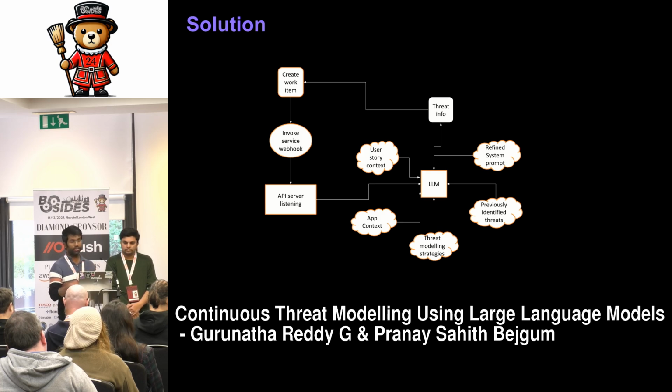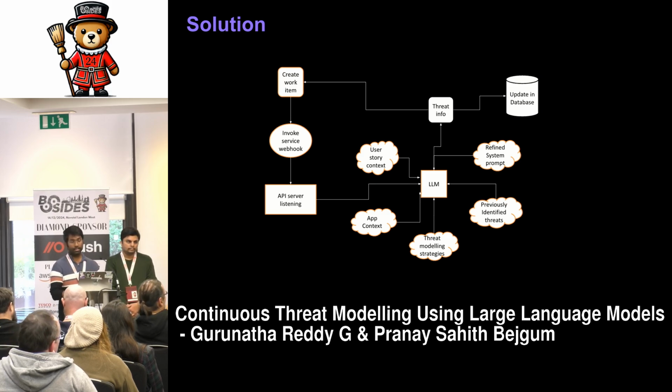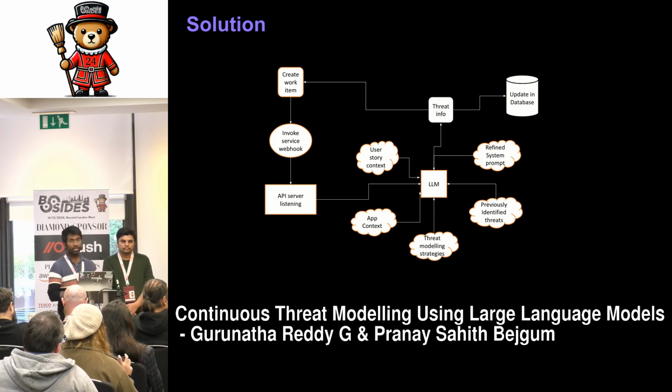That creates a continuous feedback loop, and this happens for every user story. We also update the threats in the database. This is useful to build the threats identified over time, and we can use the existing threats in future iterations when the same work item is processed multiple times.